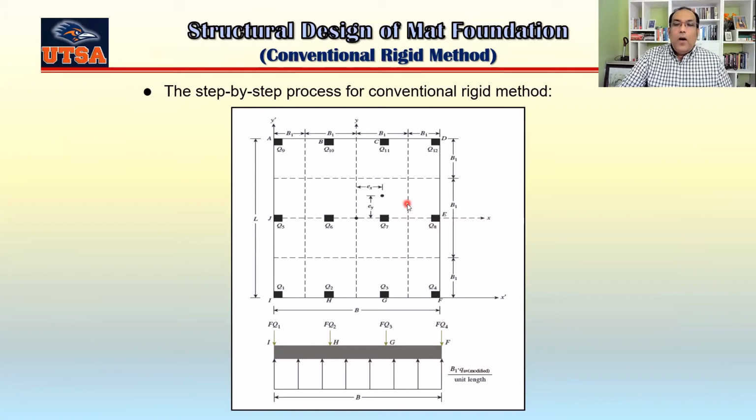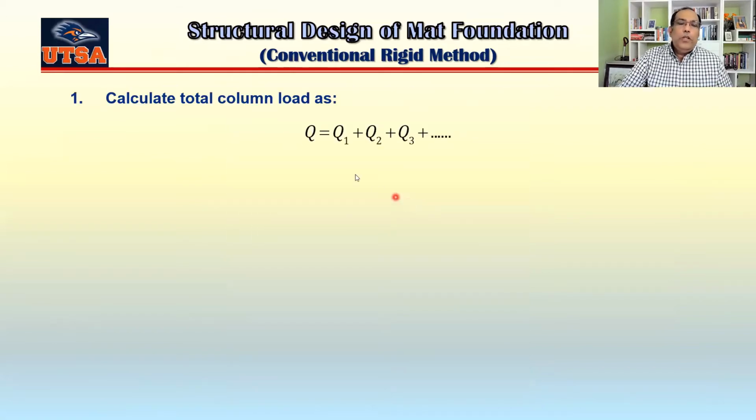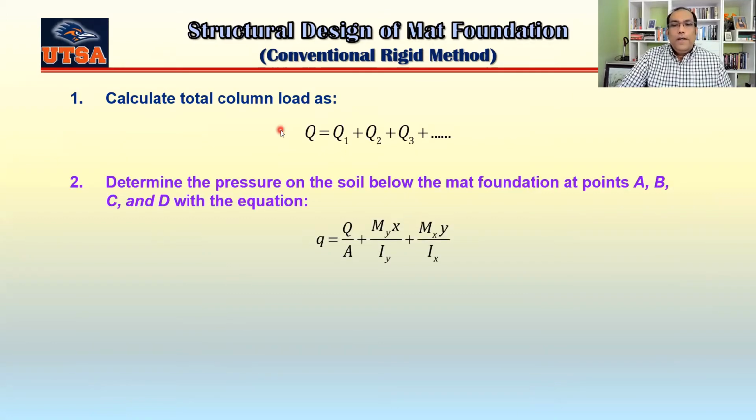Now what we first do is try to find the total column load. Once we get the column load, if the resultant column load is working at the center of the rectangle, then there is no eccentricity, right? But in most cases, this is not the case.